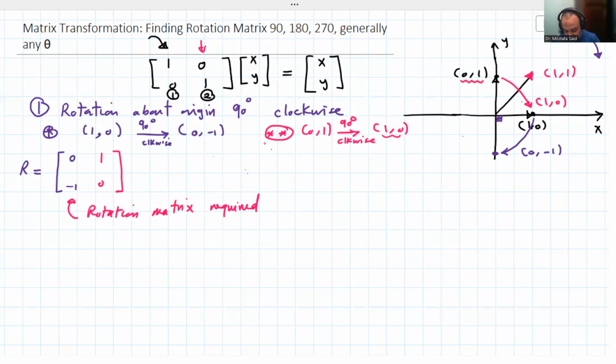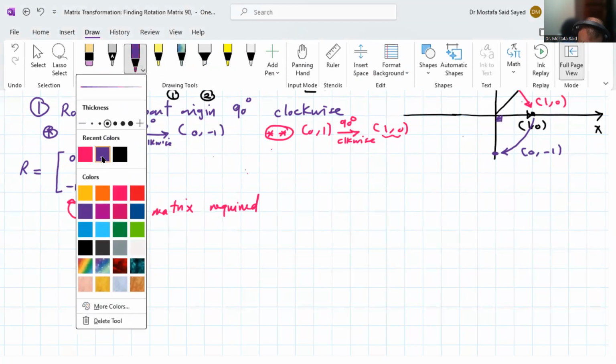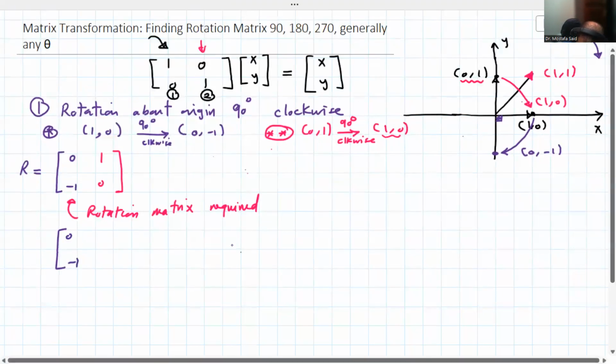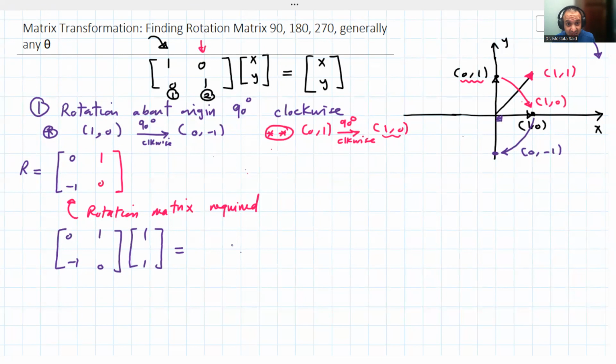Let's apply it. Going back to our normal color, let's apply 0, minus 1, 1, 0, to 1, 1. I'm going to just multiply them blindly and look at the result and reflect, because we can do that even without finding the transformation matrix, but first I'm going to do it blindly, then we verify that.